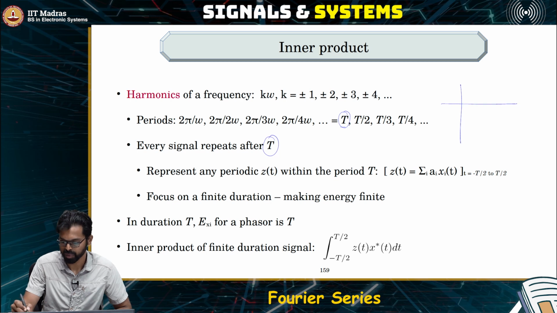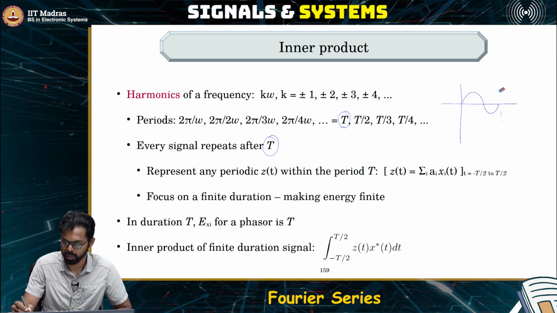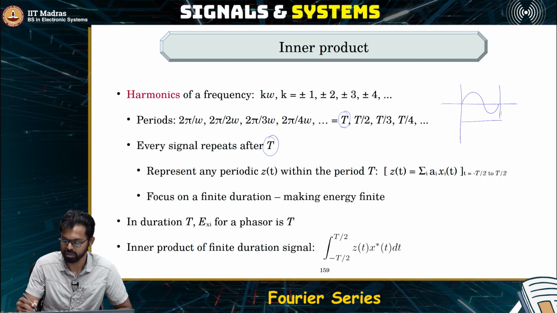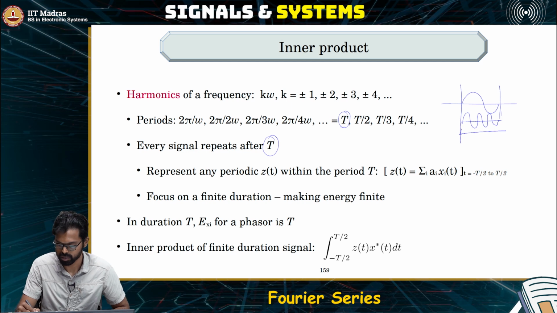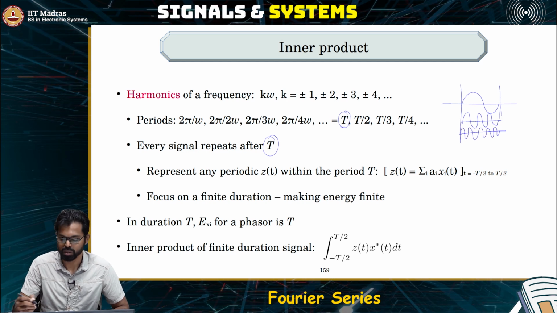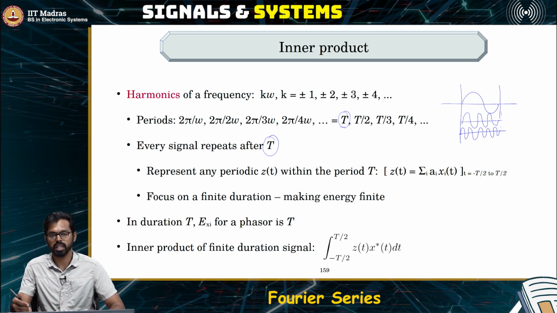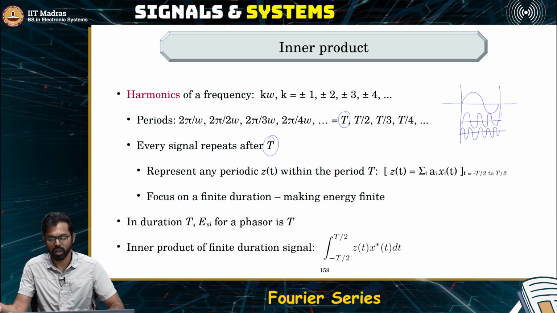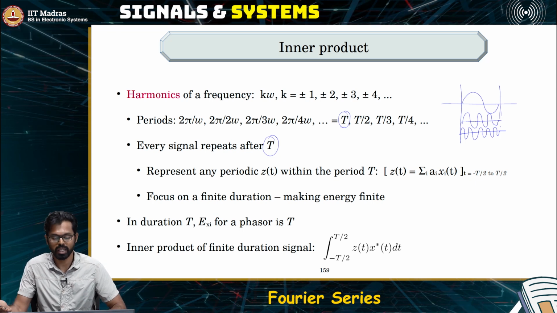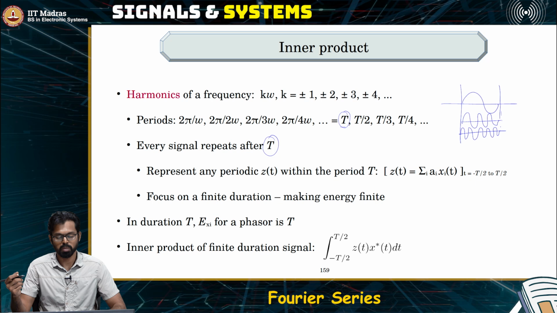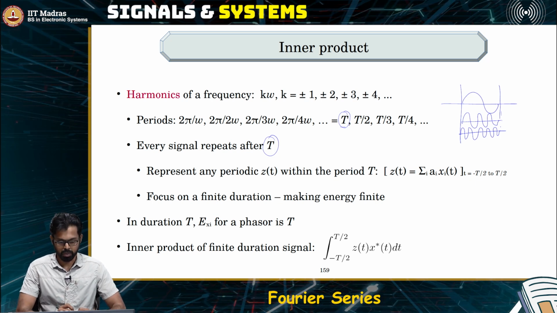In other words, if the maximum period is T, anything that you pick now will have multiple cycles in that. So all will be periodic in capital T. If something is periodic in T/3, it means it will also be periodic in T. If something is periodic in T/k, it will also be periodic in T. So this is a property that we are going to exploit to take care of this infinite energy problem.